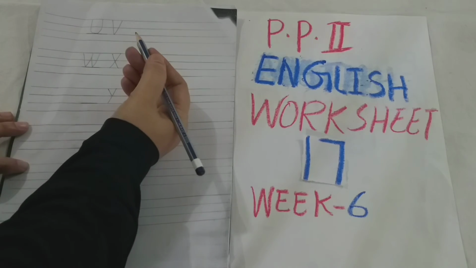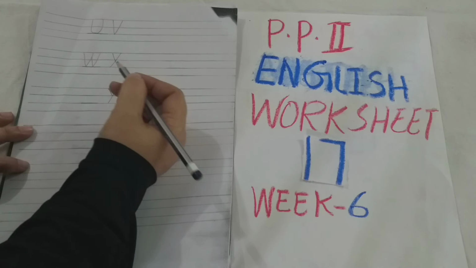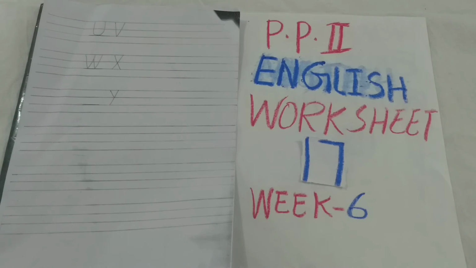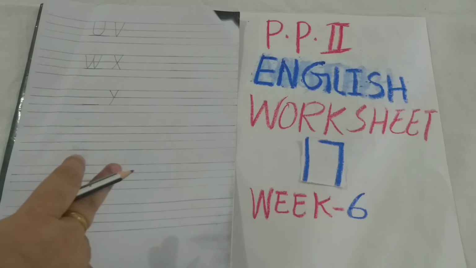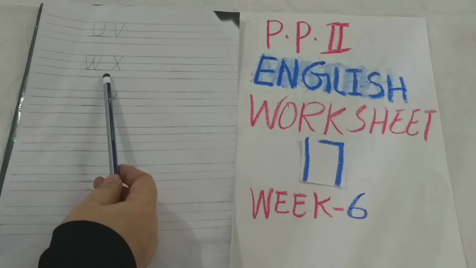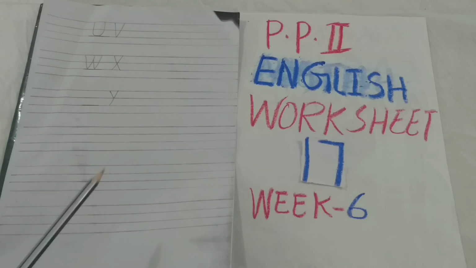Capital W. So like this you have to complete your worksheet. So you know very well how to complete your worksheet. Like this you have to complete your worksheet number 17. Now take out your worksheet number 18, children.